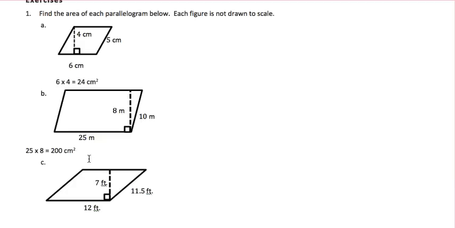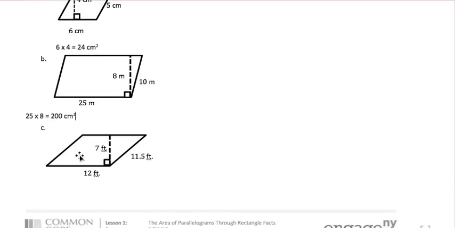Please notice when we find the area of a figure, it is not the number that is squared, it is the units that are marked as squared. And then in our third figure, we have a base of 12 and a height of 7, which is 84 square feet.